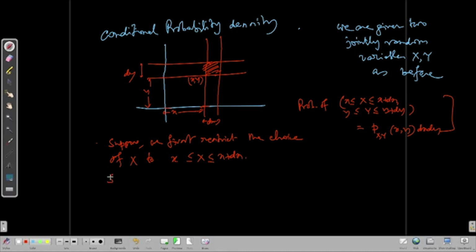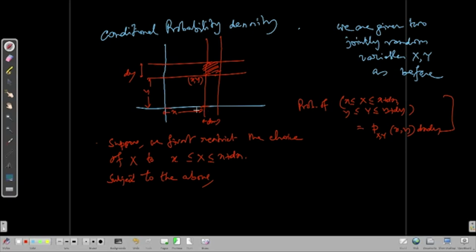Subject to this, now in these cases where capital X is fixed here, subject to the above, that is capital X is lying here only, then the probability that capital Y will be from here to here, which will mean capital X comma Y will lie here, because capital X is lying from small x to x plus dx, and I am only considering those cases.